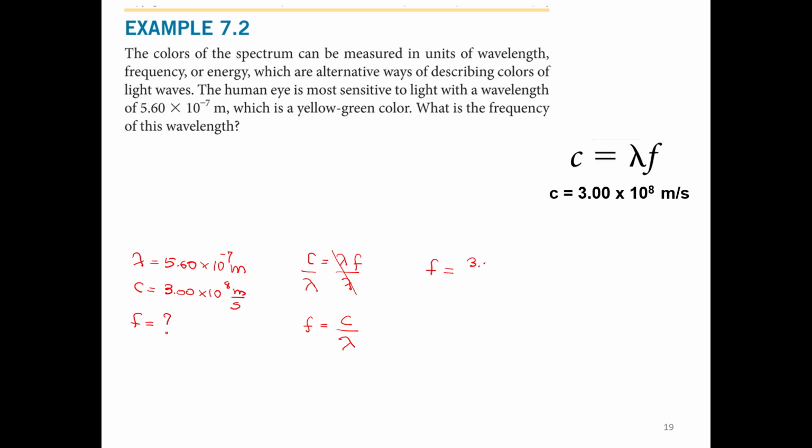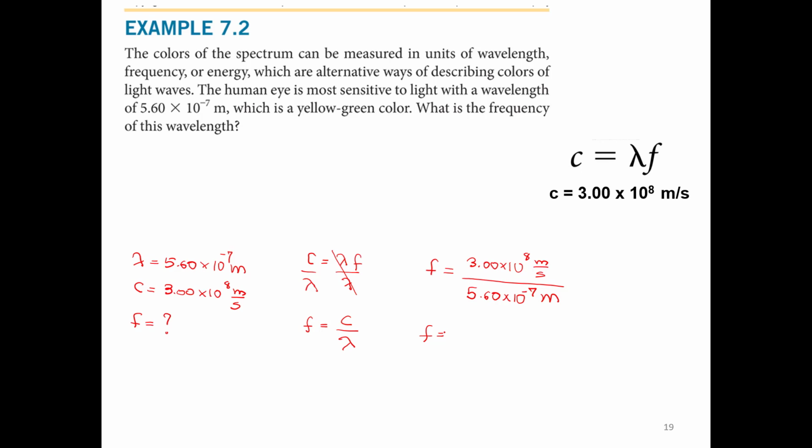3.00 times 10 to the power 8 meters per second divided by the wavelength, 5.60 times 10 to the power minus 7 meters. You have to be careful when you are doing the calculation, when you are dividing this.